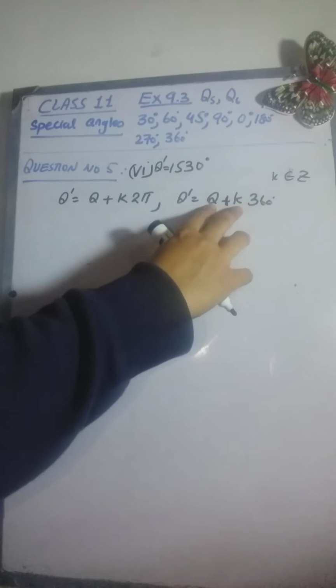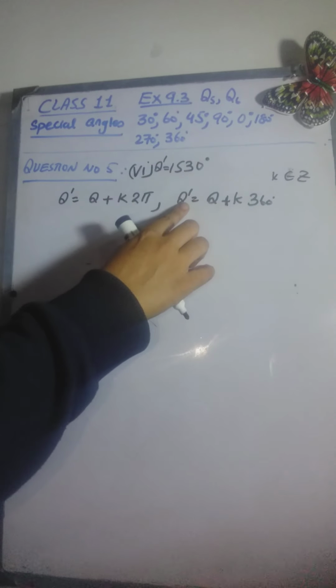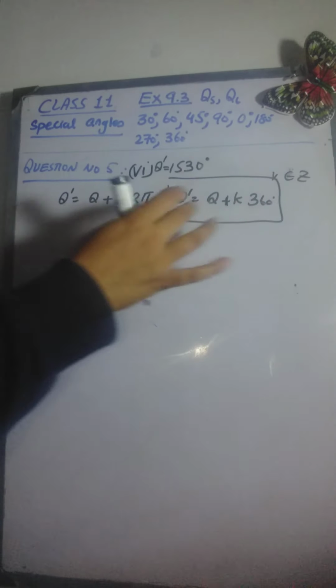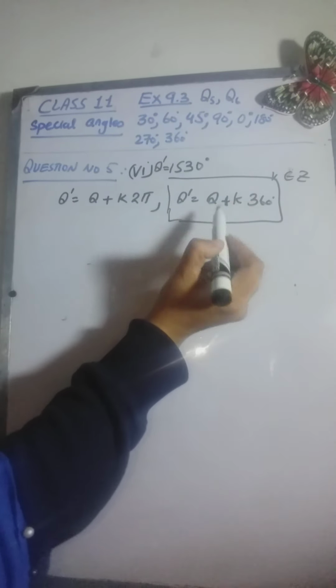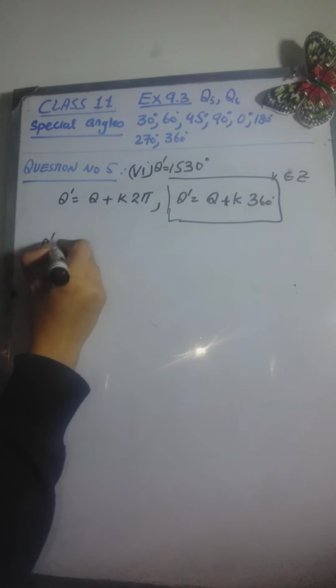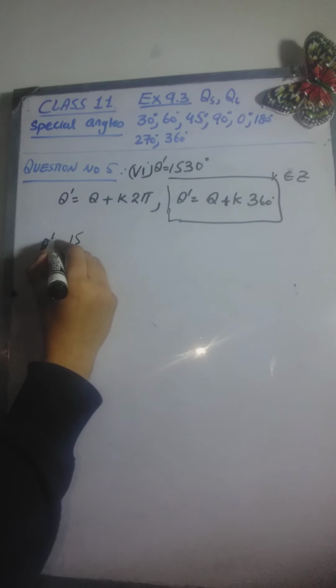If we can find these two unknowns, then we can easily express 1530 in this form, which will prove that it is coterminal to some angle theta. So we have to complete this expression. For that, theta dash will always be the angle which is in the question.